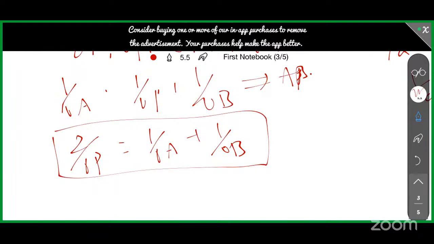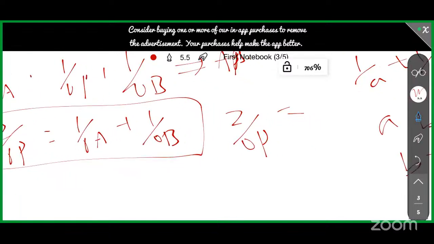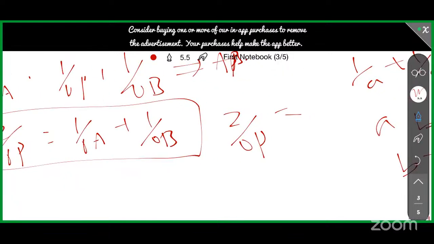Yes, sir. Okay, what did you get? 2 by OP is equal to 3 sin theta minus cos theta by 20. Then why are you telling plus, Ashrita?